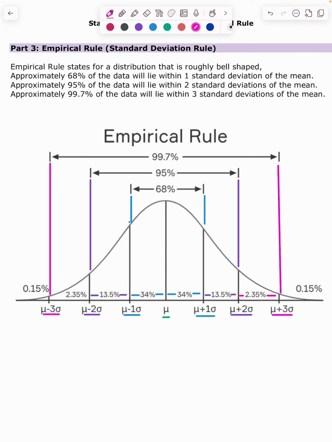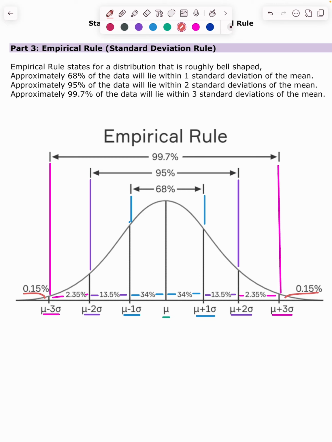And then we have 2.35% of the data between 2 and 3 standard deviations below or above.